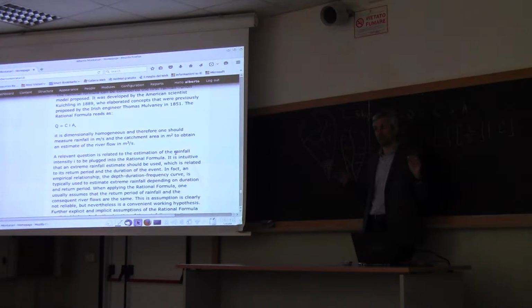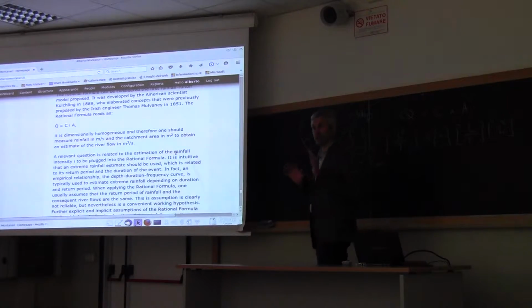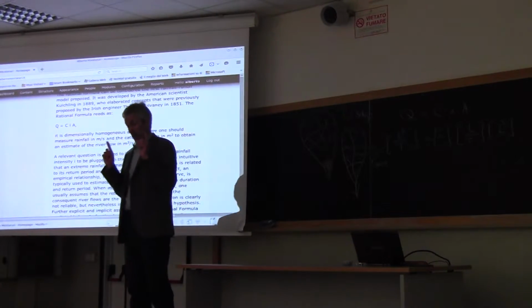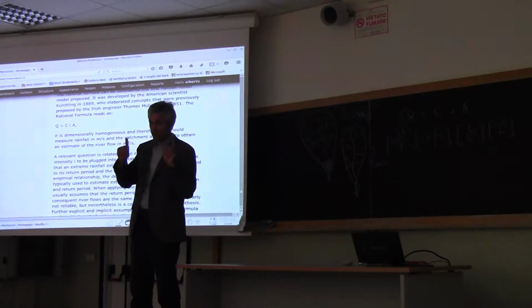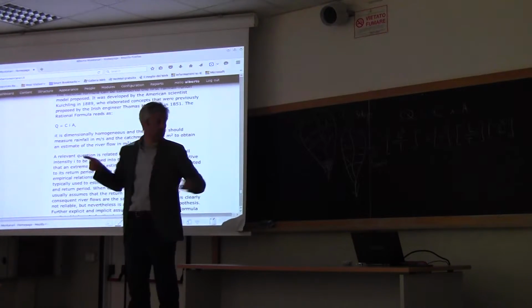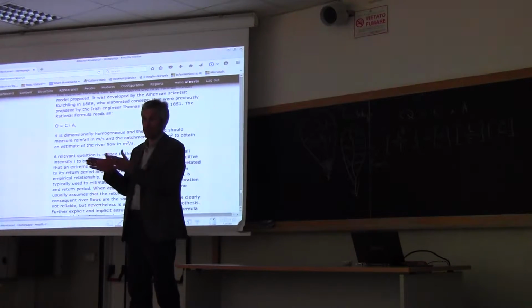Is this clear? So basically, the question is, what is the duration that is critical? And I understand that there is a critical duration. Because if the duration is too short, it's not critical, because the contributing area is split in many pieces.